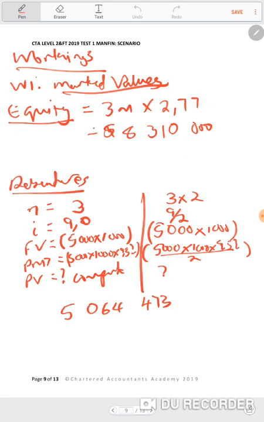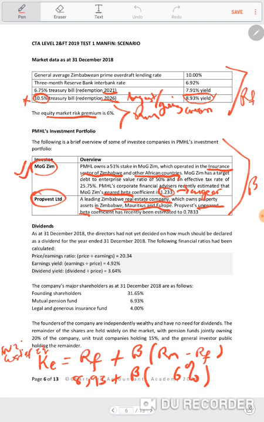Where did I get that? Let's find out. We are told the target debt to enterprise value ratio is 50%. So if our debt to enterprise value is 50%, we are saying debt over total capital is equal to 50%.